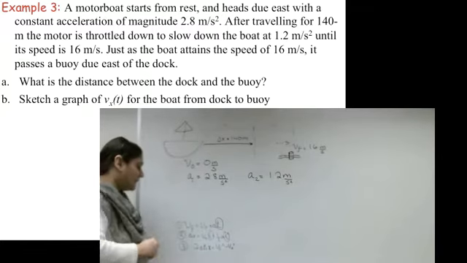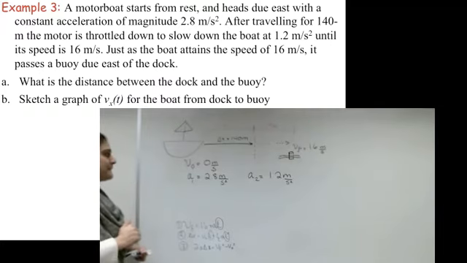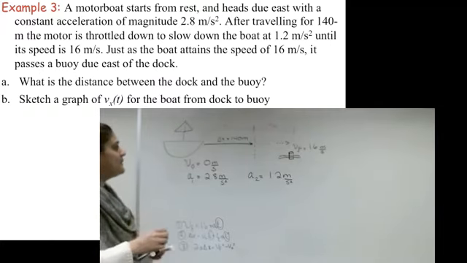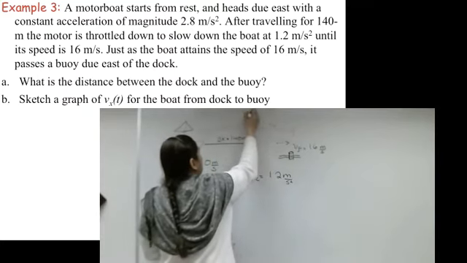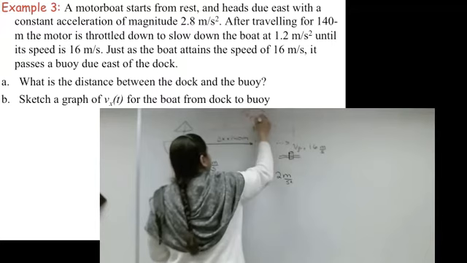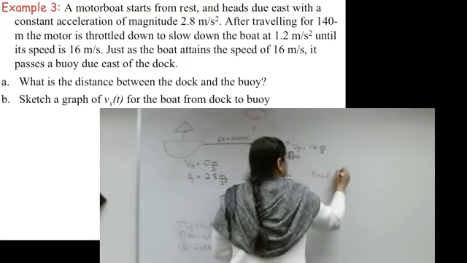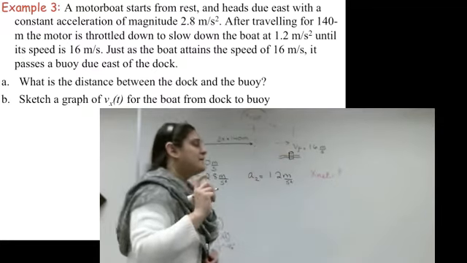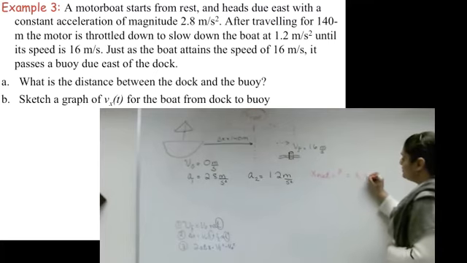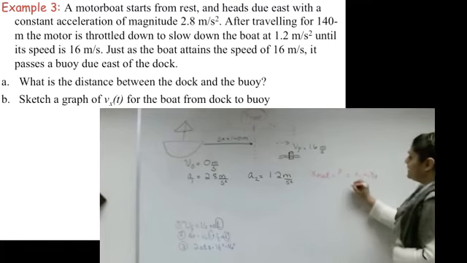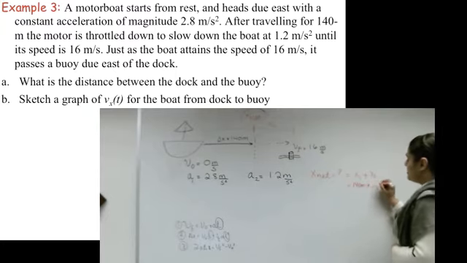And we have our handy dandy equations of motion to help us. So let's start with our problem. I have to find x net. I know that my x net is a sum of x1 plus x2. x1 is 140 meters, I know that, plus blank.